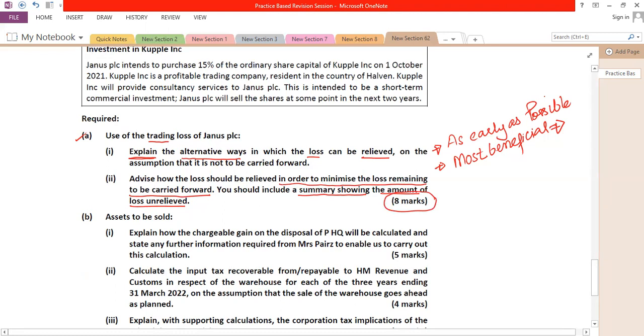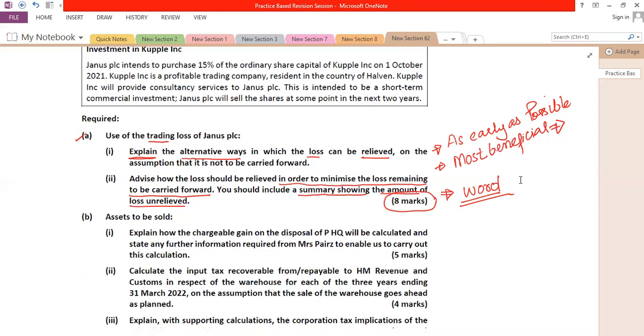And it's mainly theoretical question. So which document you will use in the exam? In the computer-based exam, if the question is entirely based on theory, then word processing document should be used. And if there is minimum calculation, then you can do it on the word processing document, or you can connect it with Excel by writing that the calculation is in Excel sheet.